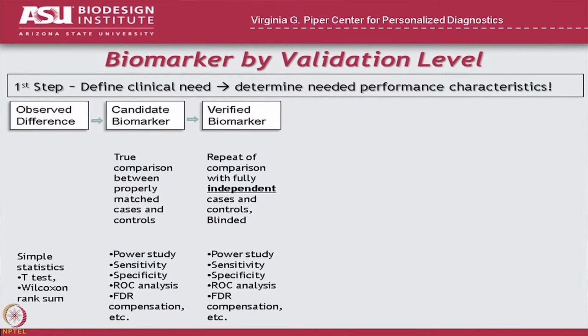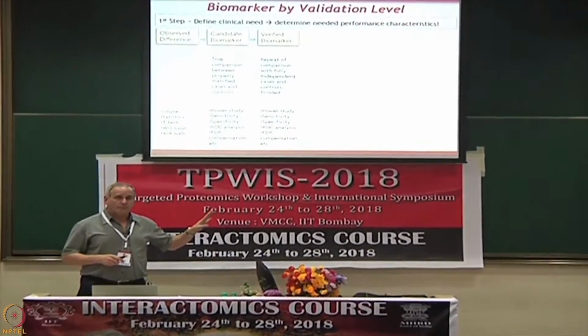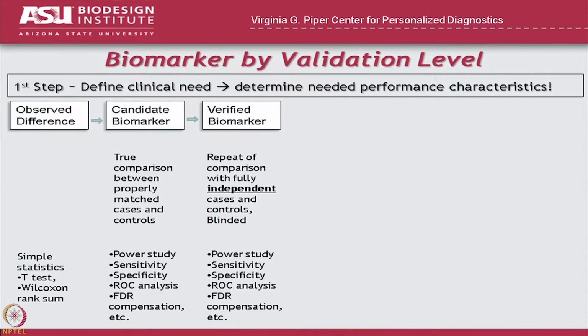So you repeat the study, you verify the marker, and it's important in this case to use a completely different set of patients and controls. And that's important. Why? Why is it important when you do the second study to use different people? Prevent redundancy. Okay, maybe expand that a little bit.